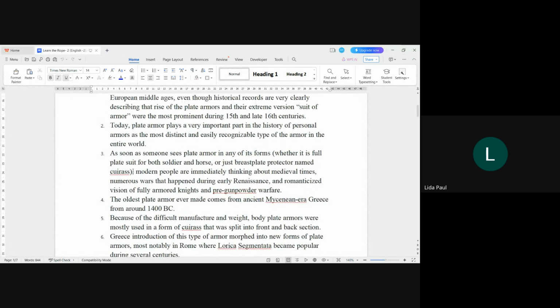And the second one: "Today plate armor plays a very important part in the history of personal armors as the most distinct and easily recognizable type of the armor in the entire world." Very. Yes. How about today here? The beginning you have today, no? Yeah, there's today, and very, yes, you're right.